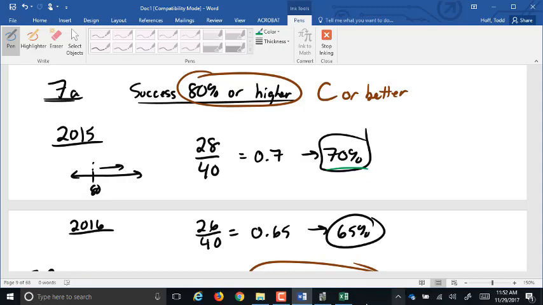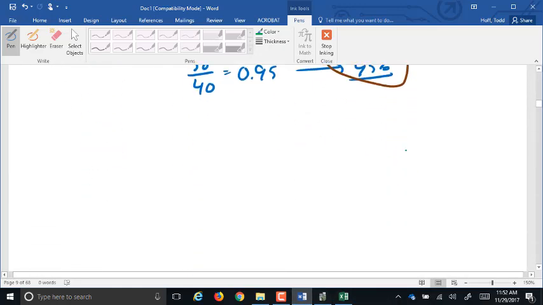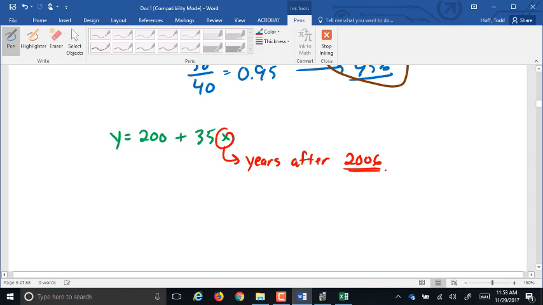So when we were doing our linear models, if you recall, we did an equation like y equals 200 plus 35x. I always define x as years after 2006, or whatever our first year was. I know it seems a little tedious to define stuff like that, but this exercise here shows just how important it is to define what we mean.